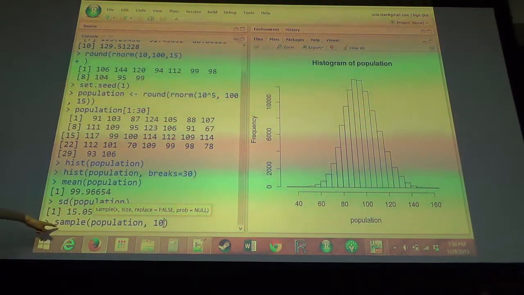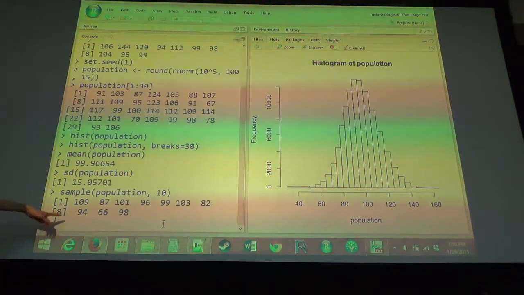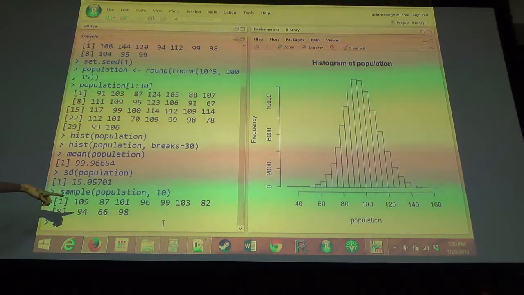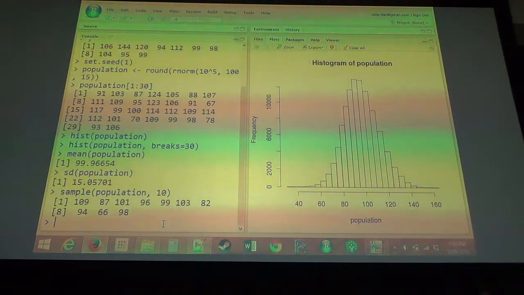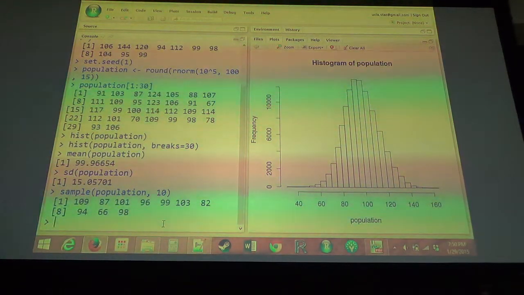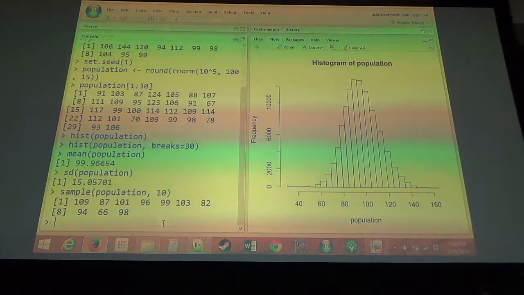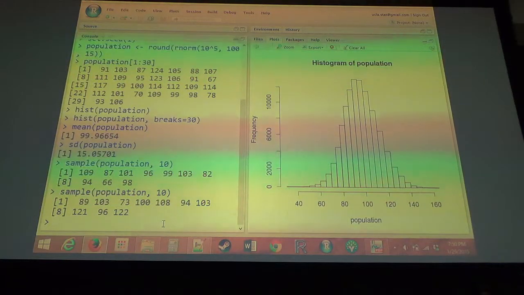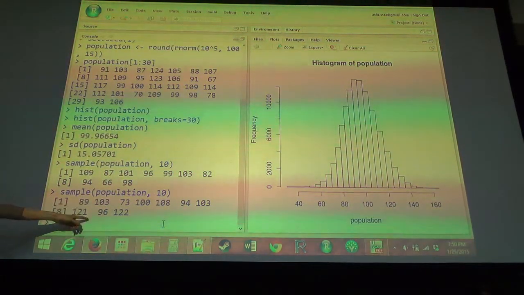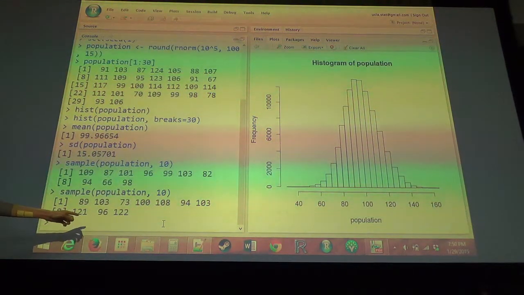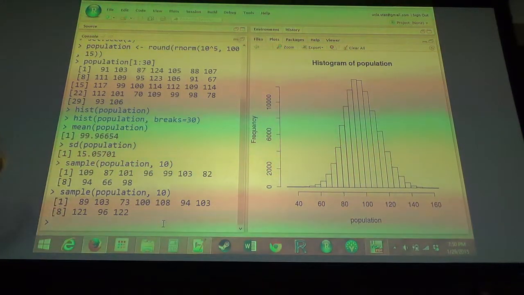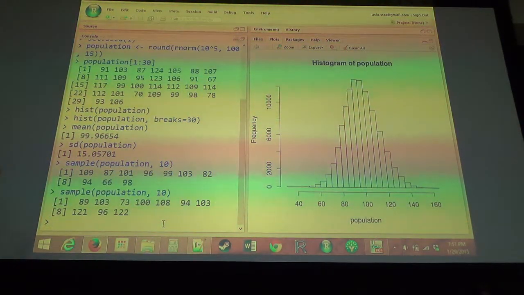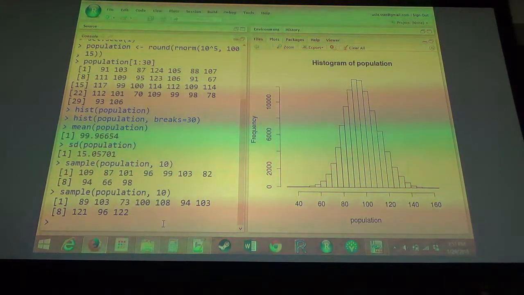Those 10 people selected are these: 109, 87, 101, 96, 99, and so on. If I call sample population again, it's going to grab another set of 10 people. Every time you call sample, it goes into that list and pulls out 10 people.